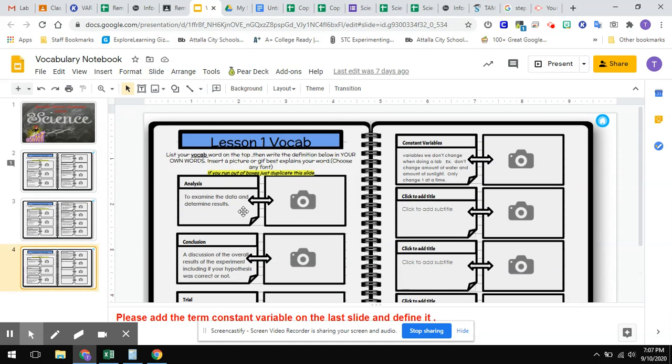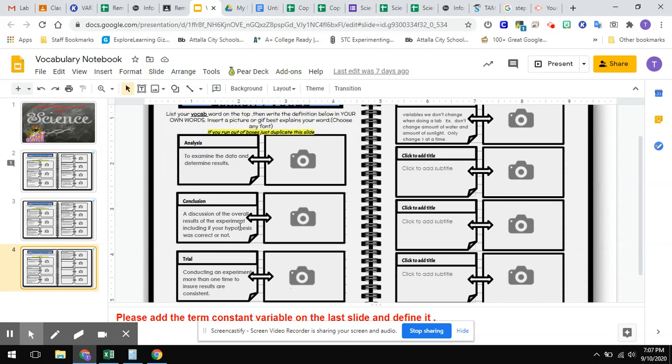The next thing is analysis. That's where you're actually looking at your data, breaking it down and making sense of it, because you're about to get to the point where you're going to write a conclusion. The conclusion is a really important part of the scientific method. This is where you discuss the overall results of an experiment, including whether your hypothesis was correct or not.